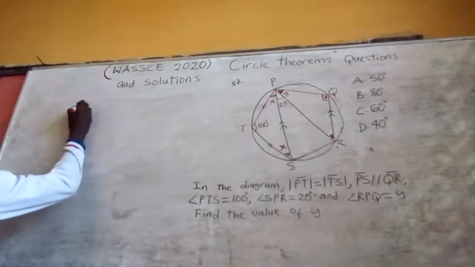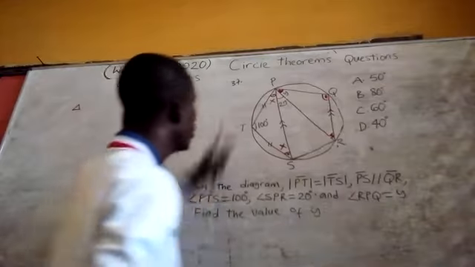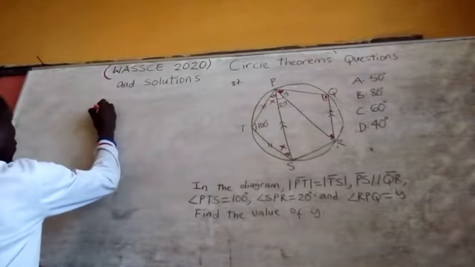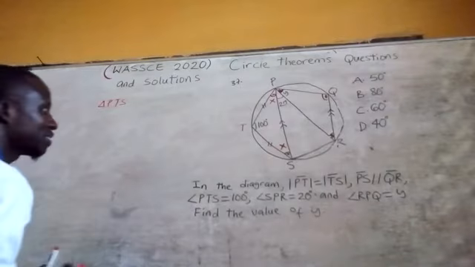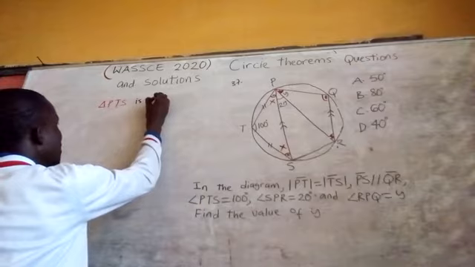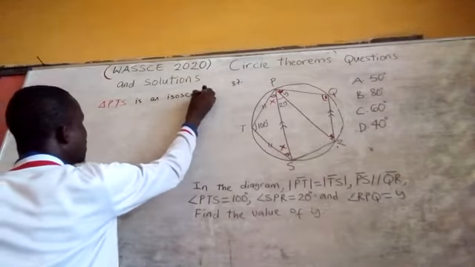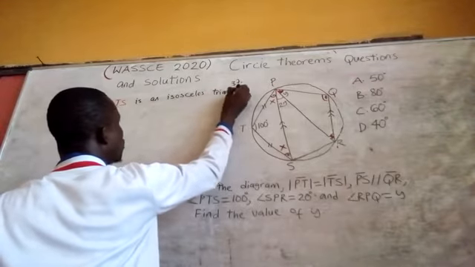So triangle PTS is an isosceles triangle.